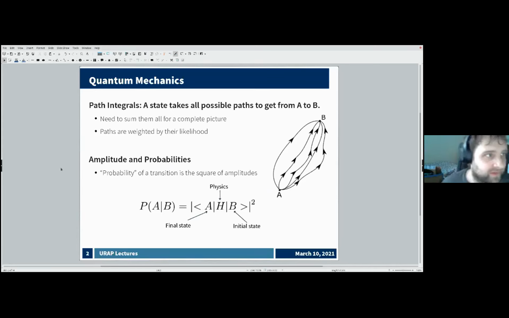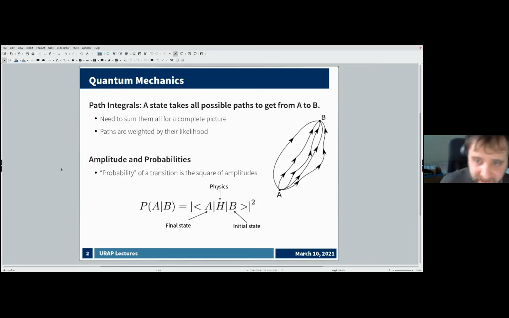Right, but anyway, as you can imagine, the underlying part of Feynman diagrams is quantum mechanics. That's basically what we do when we study particle physics. And the specific part of quantum mechanics that Feynman diagrams try to touch on is path integrals.